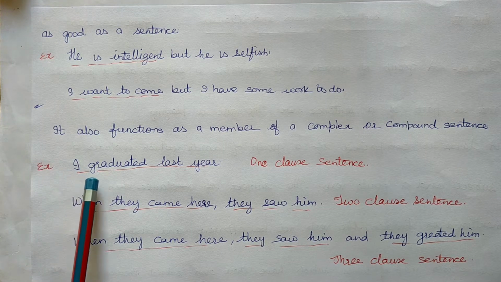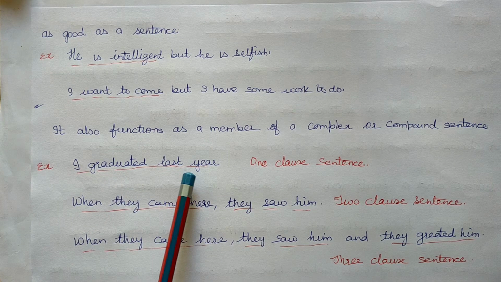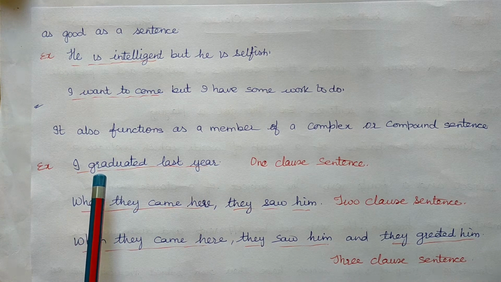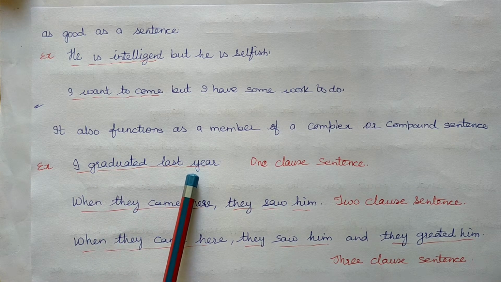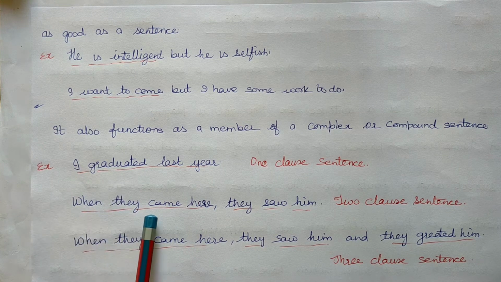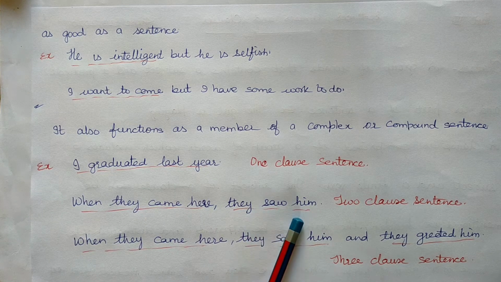Example: I graduated last year. Here, this is a one clause sentence. I graduated last year, so it is a one clause sentence. When they came here, they saw him.